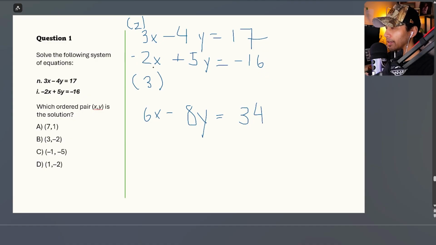And then here we would put negative, and I'm going to write it in a different color for you guys. So we have negative 6x plus 15y equals, what is 16 times 3? That is 48, and it's a negative.